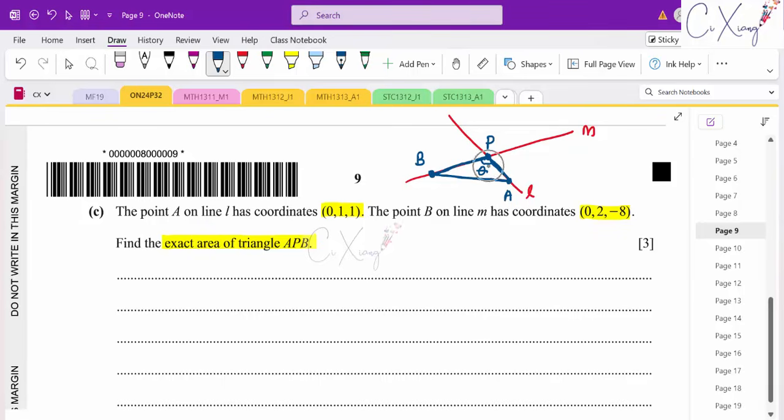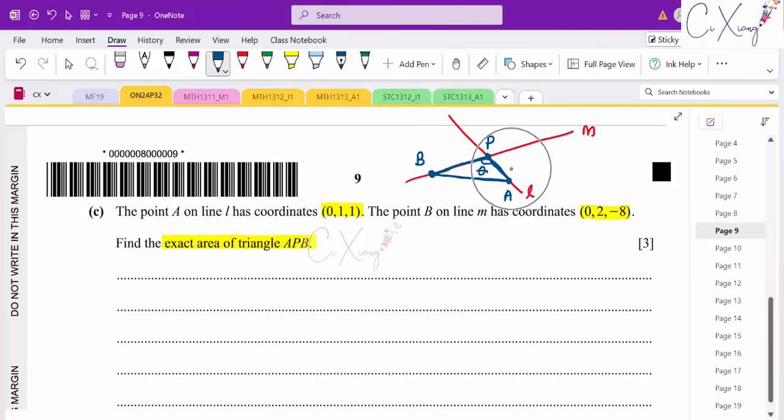Alright, so I'm having the theta here. To find the area of the triangle, you can use half ab sine C, here sine theta. So you need to find the lengths of the two sides that form the theta.